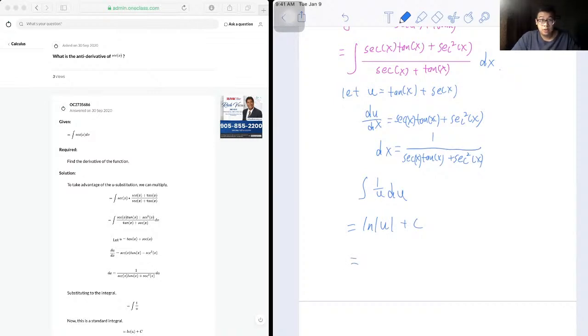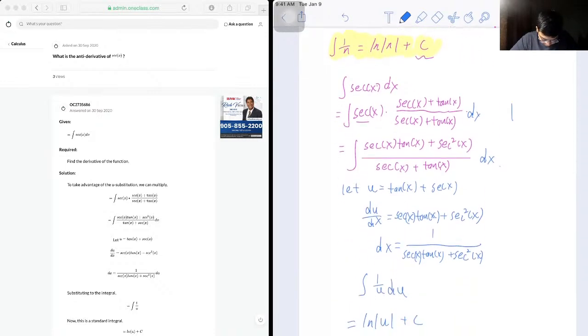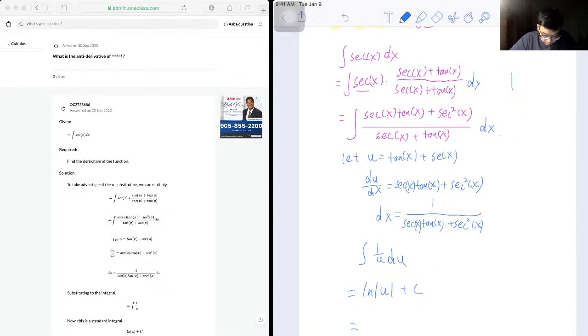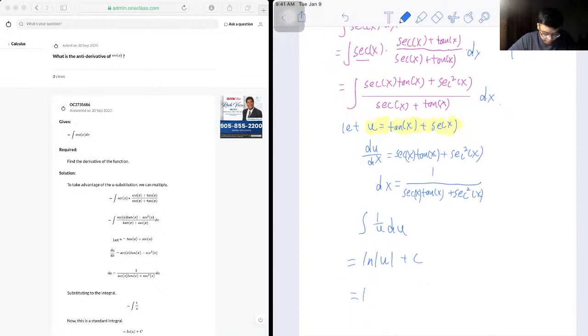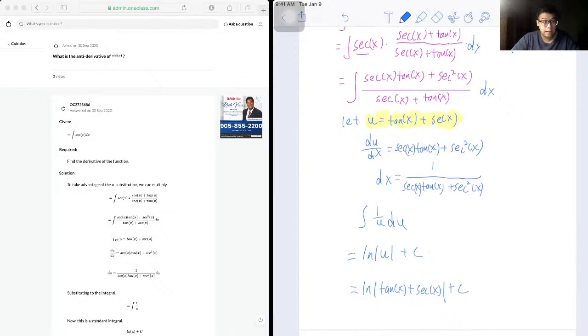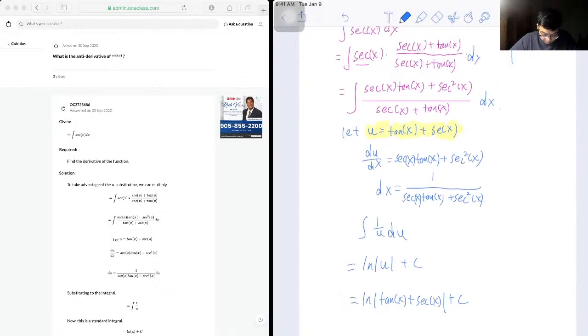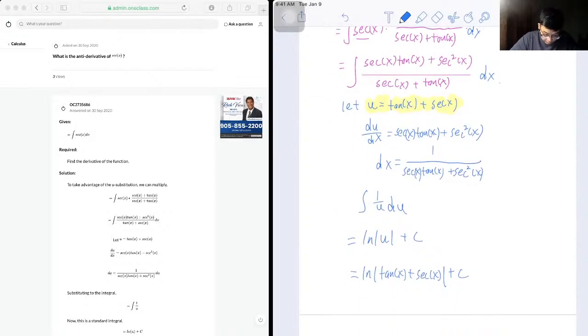Remember our last step is to substitute x back, and we have u equal to tangent x plus secant x, so we just put it back there. So our answer will be ln of the absolute value of tangent x plus secant x plus c.